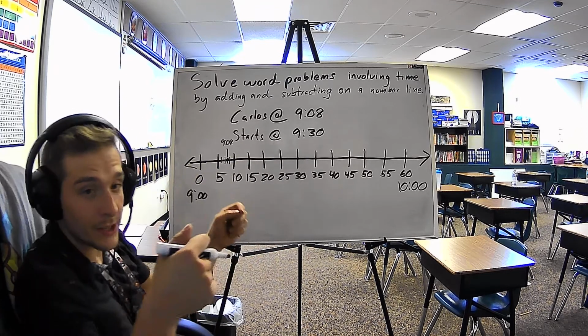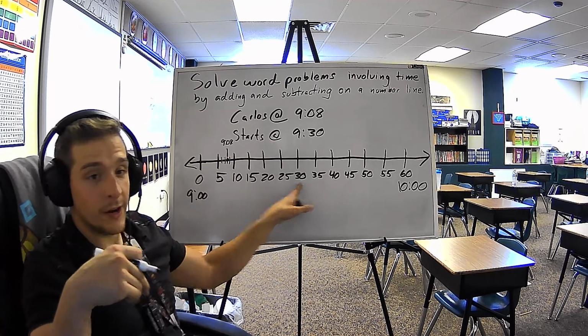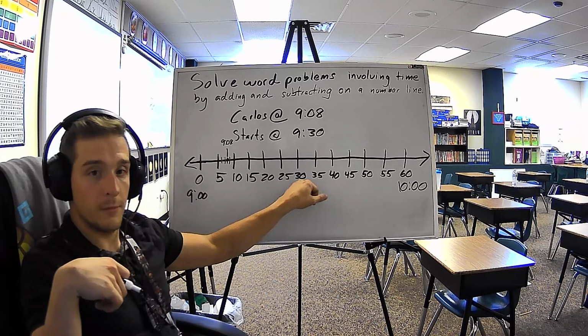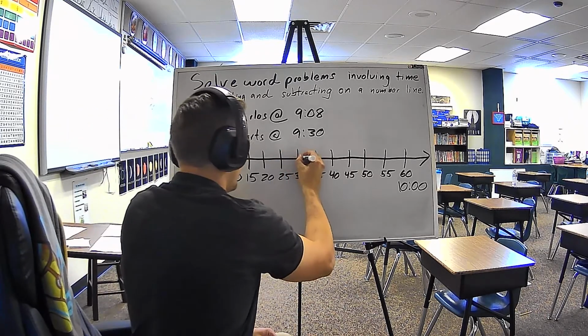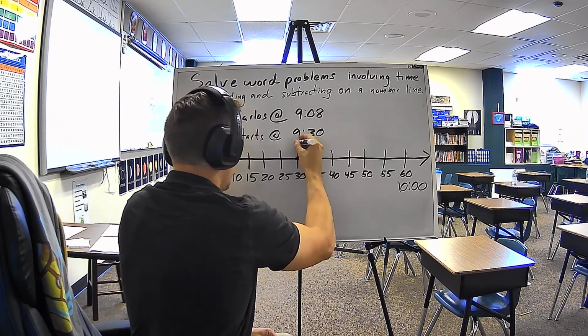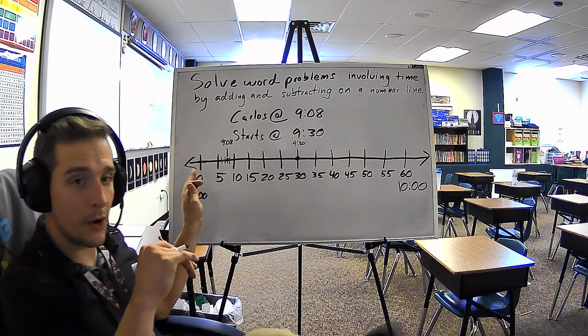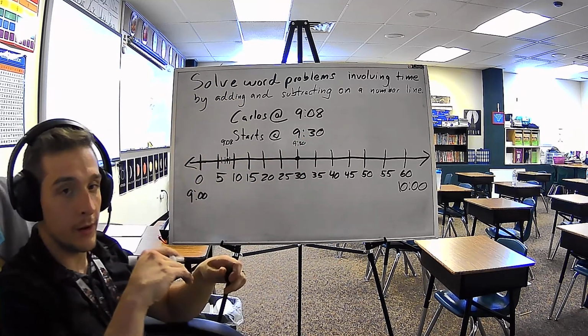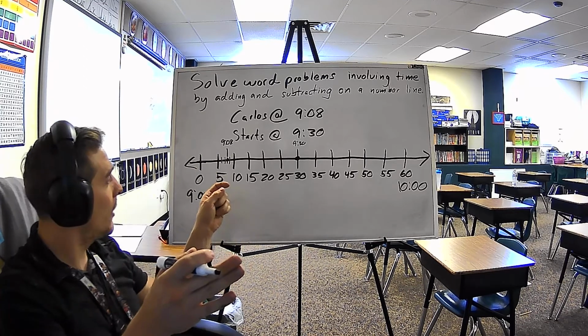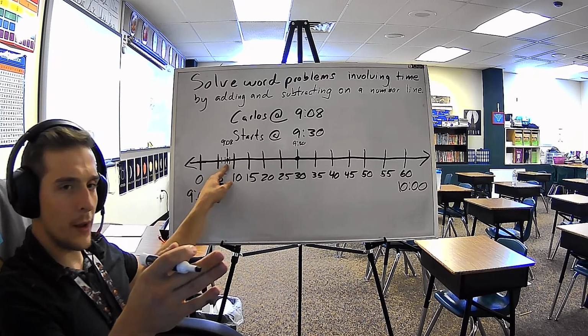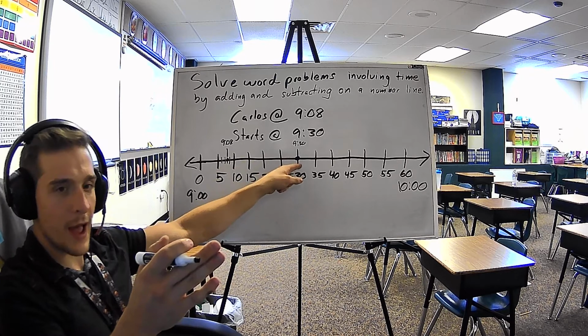We don't need to draw any extra lines or anything. We see a 30 here. It's 9, so 9:30. So I'm going to plot that point right here, and this is 9:30. Now I've done it. I've shown 9:08 and I've shown 9:30. Now the question is asking, how much time from 9:08 to 9:30 does he have?